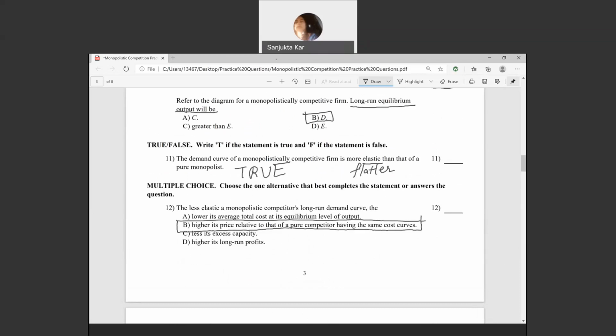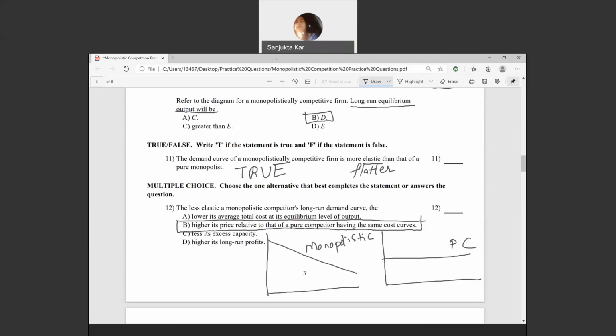Okay, so basically this is the demand curve for a perfectly competitive market structure, a perfectly competitive firm, and this is the demand curve for a monopolistically competitive market structure.